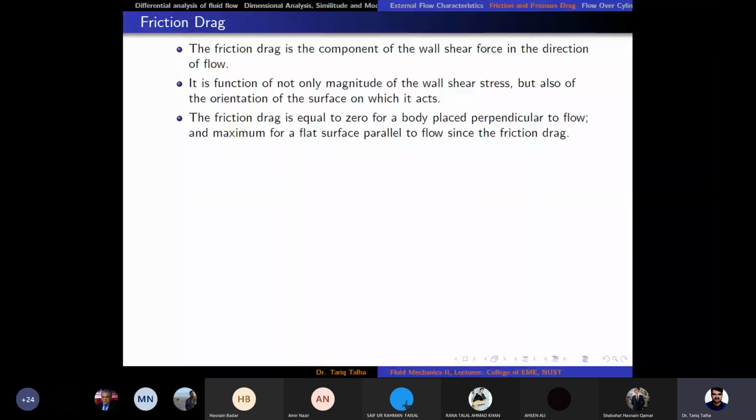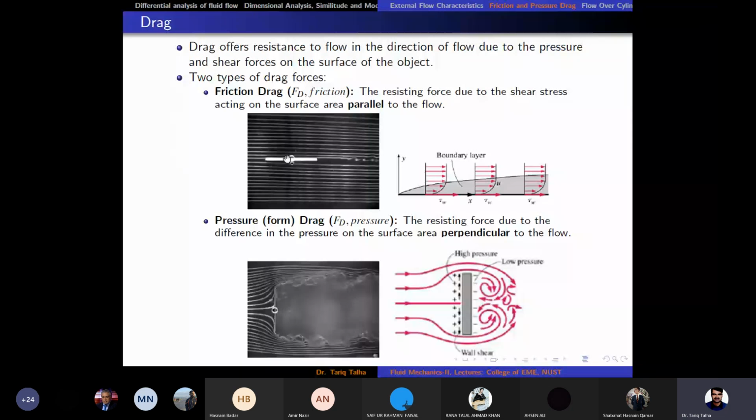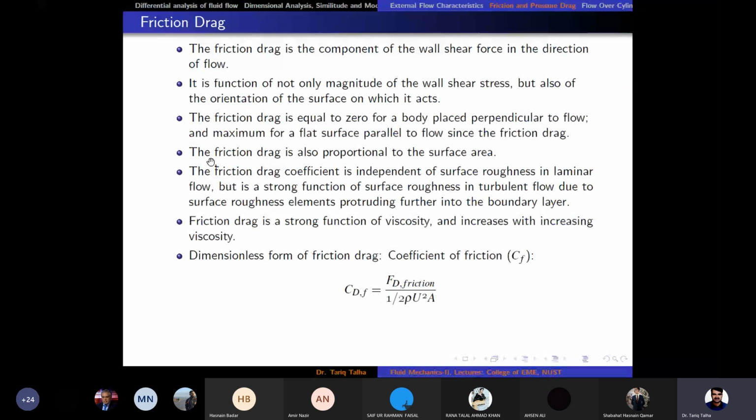Then the friction drag is also proportional to the surface area. Because if the surface area of this flat plate is more, then we have got more friction drag, right? So it is directly proportional to the surface area. And then it also depends upon the viscosity. Why is that? Because wall shear stress is mu into du dy.